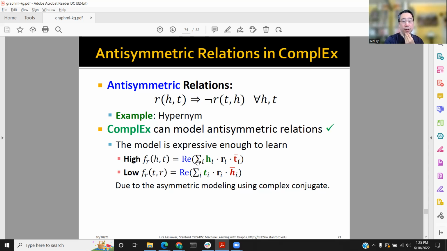So whereas before these were always the exact same value, these do not need to be the same value. Okay, and so that's how we break that symmetry between head and tail.